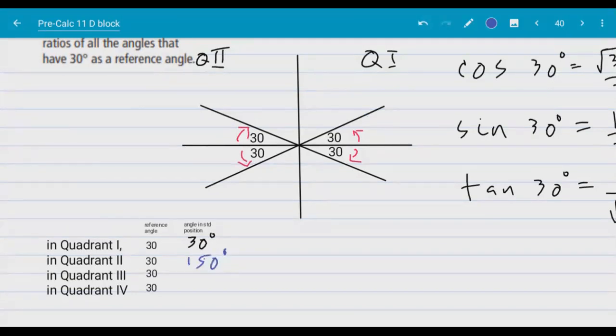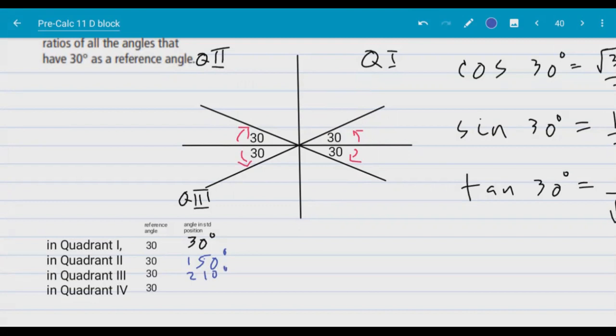What about in quadrant 3, wherein the reference angle is 30 degrees? This is quadrant 3 right here. The reference angle is this one. But the question is, what would be the angle in standard position? The angle in standard position would be the angle that starts from the positive x until you get to this one. From here to here, that's 180. You add 30 more. That means that is 210 degrees.